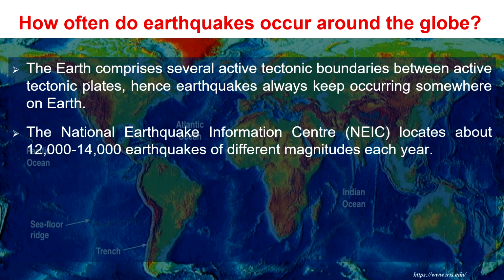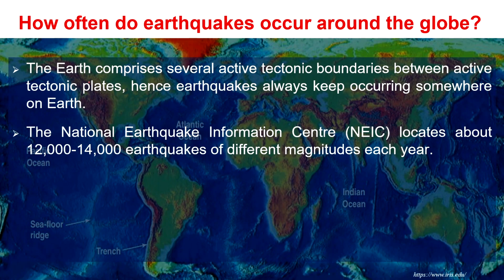As I told, right now while we are having this recording, an earthquake might be happening somewhere on this globe. The National Earthquake Information Center (NEIC) locates about 12,000 to 14,000 earthquakes of different magnitudes. Now, what are these magnitudes? What are the implications of the energy which has been released during these magnitudes?